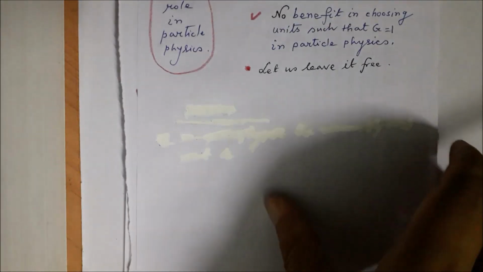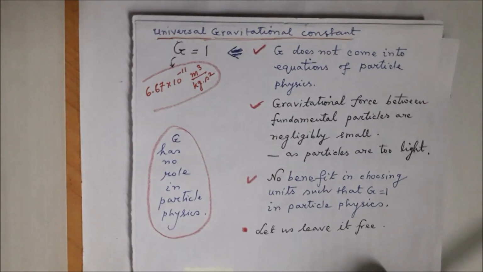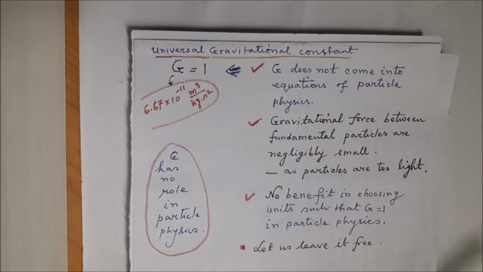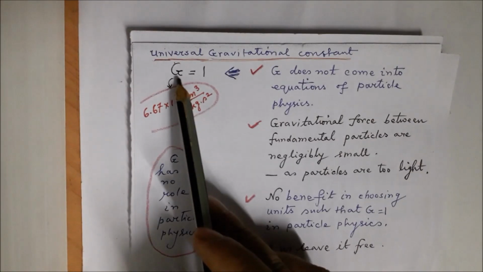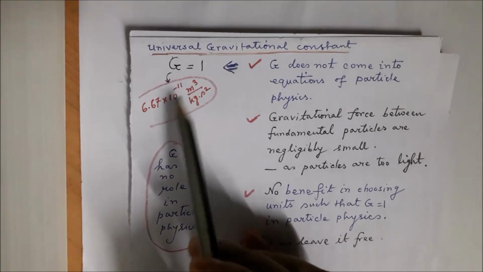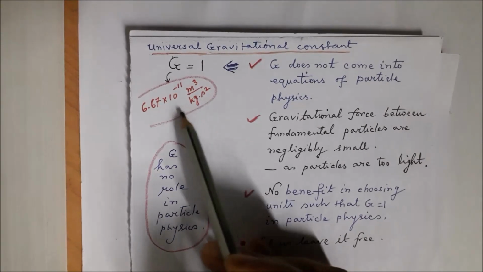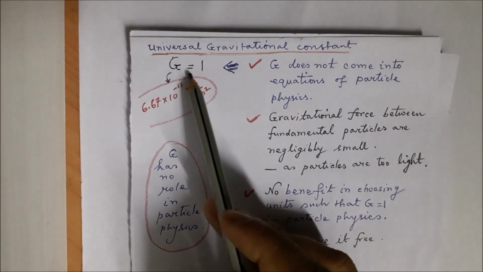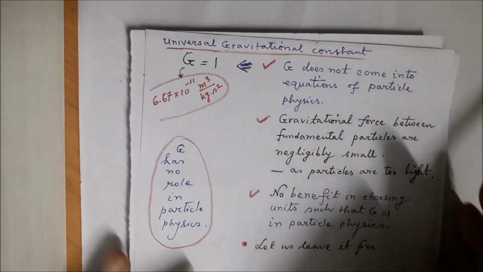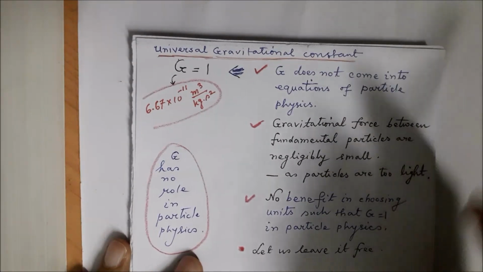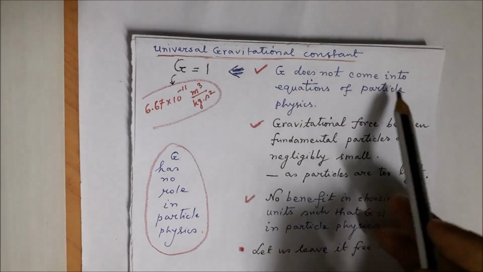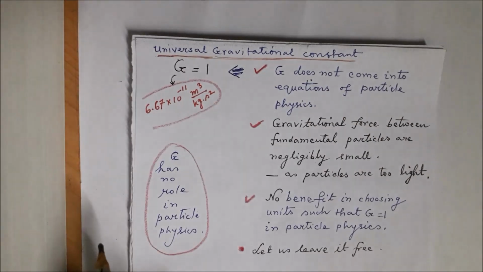We can think of the universal constant of gravitation, that is G. The value of G is given over there, and what if we take G equal to 1? Now actually, G does not come into the equations of particle physics.